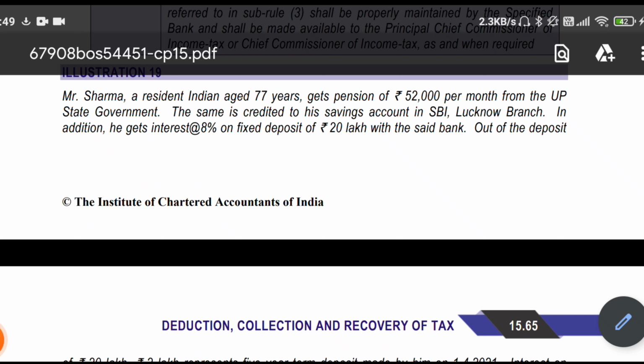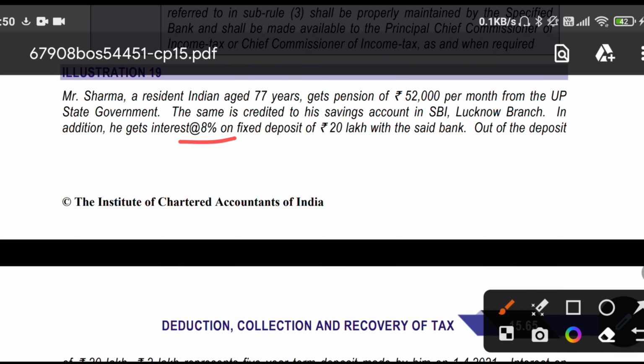It's clear. Next, the same is credited to his saving bank account, so there will be a saving bank interest, right? And there is a fixed deposit interest too, that is 8%. So 20 lakh FD, he gets 8%.